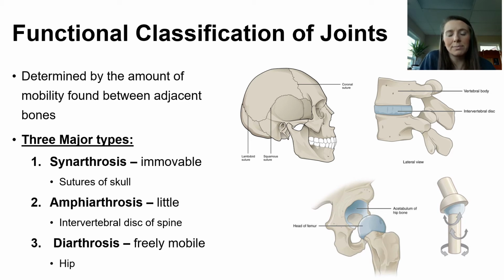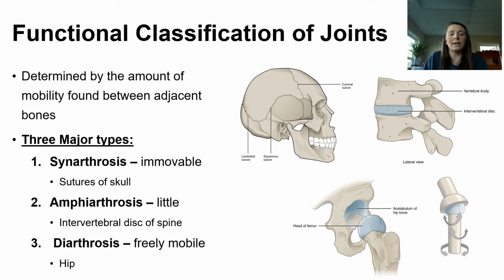The first major type would be synarthrosis, and these are completely immovable joints. So these refer to things like the coronal suture, the lambdoid suture, the squamous suture. All of the sutures of the skull are locations where 2 bones are meeting up, but they're not movable joints, so we call them a synarthrosis.